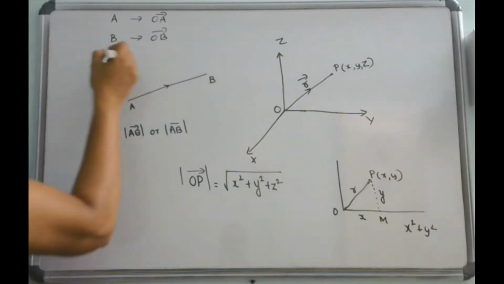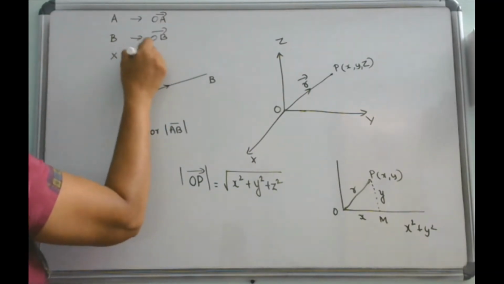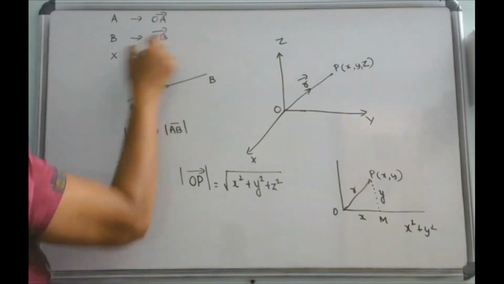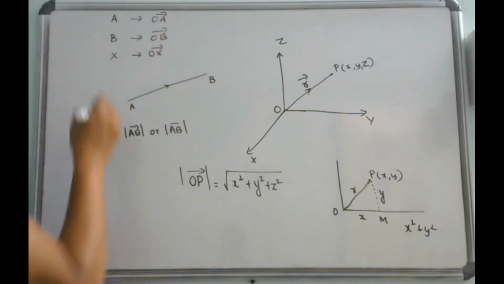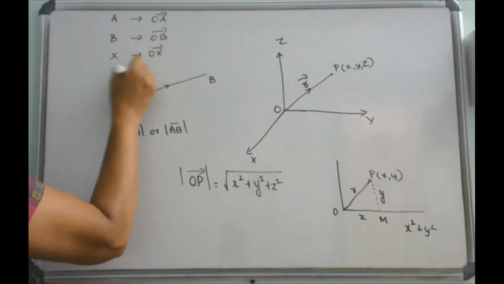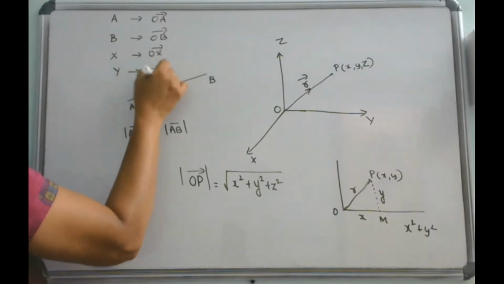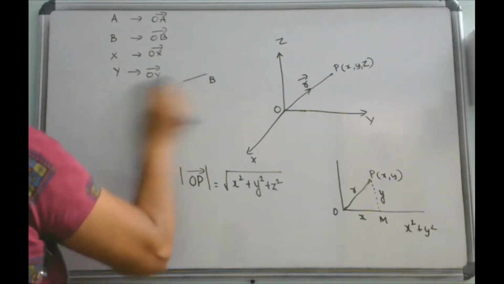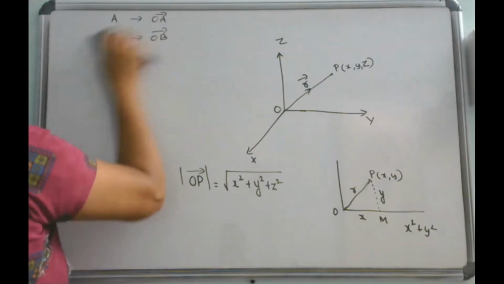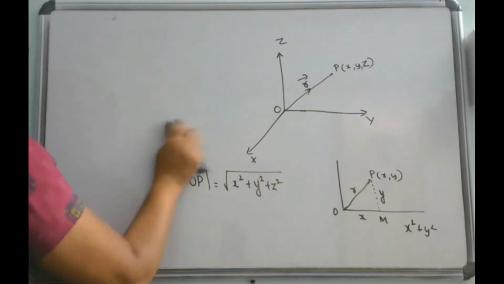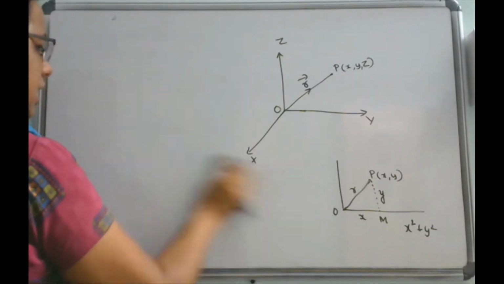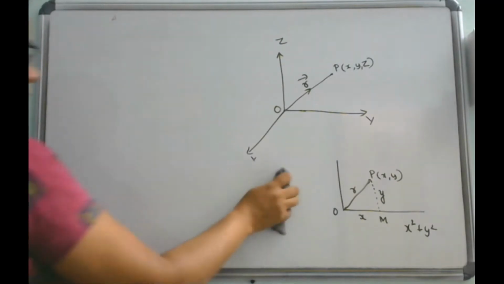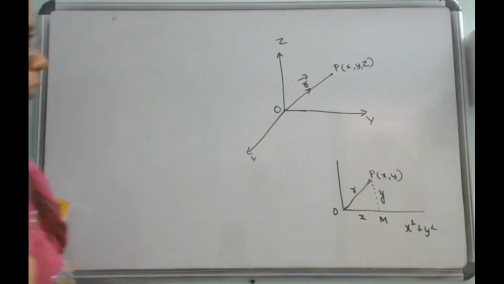If I say position vector of the point X, you have to write it as vector OX. If I say the position vector of the point Y, it will be written as OY, like that. So always the position vector is with respect to the origin. That is the concept of position vector. I hope you understood the definition, how to find the modulus, and how to find the position vector of the point.